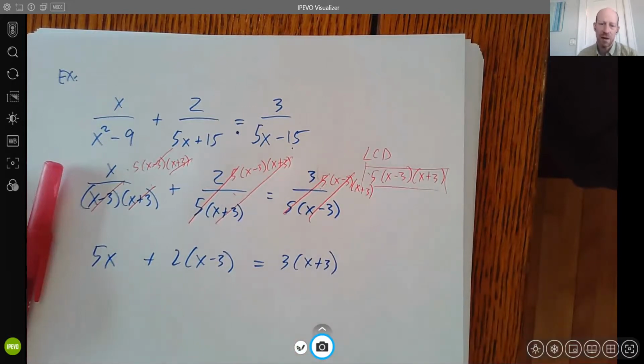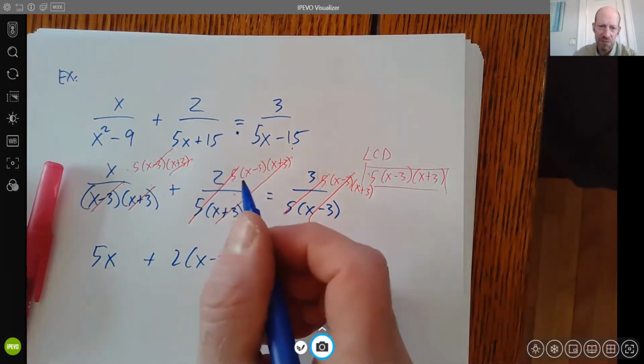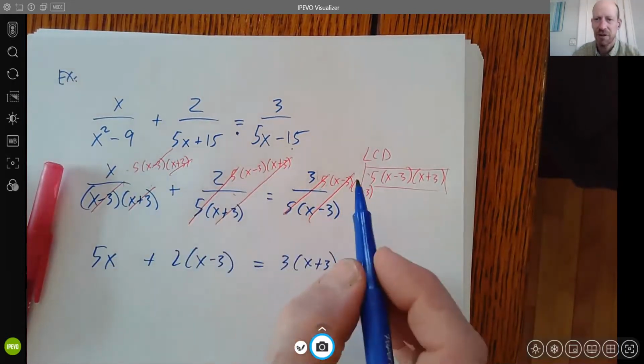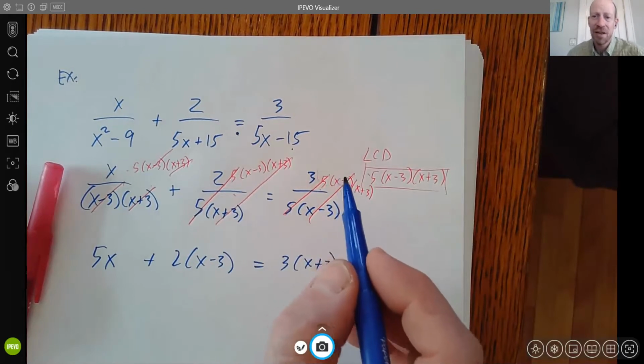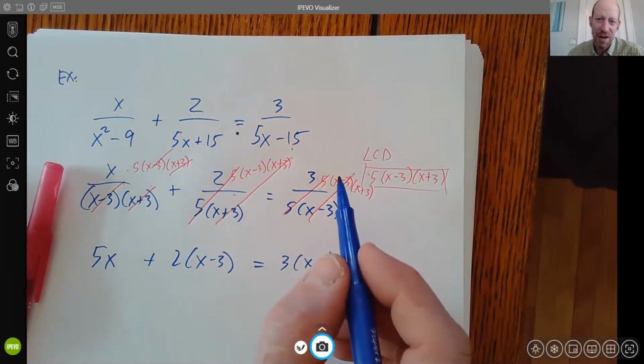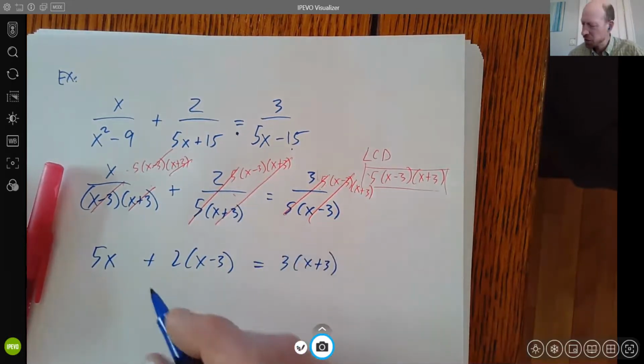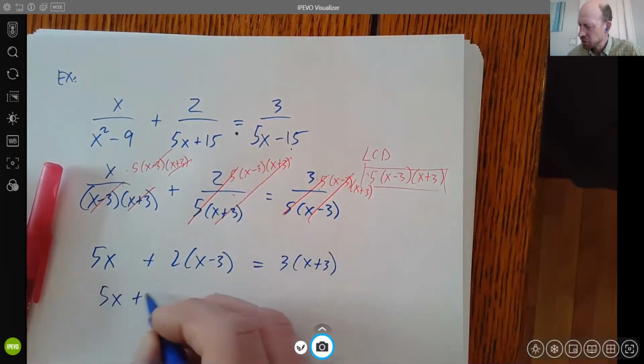And it looks pretty terrible here, right? There's a lot of different expressions and factors and pieces, but at least a lot of them cancel. And what I end up with in the end is actually a pretty easy equation to solve.